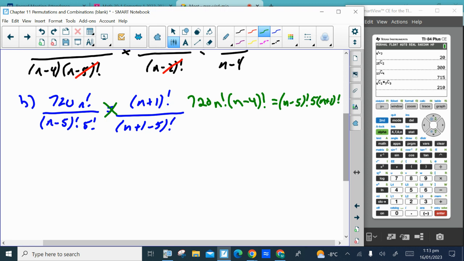So you should recognize that the left side is 720. The n factorial, there's nothing you can do with that, but the n minus 4 factorial I would expand. After n minus 4, the next term would be n minus 5, which I'm going to put a factorial on the end because I have an n minus 5 factorial on the right side.